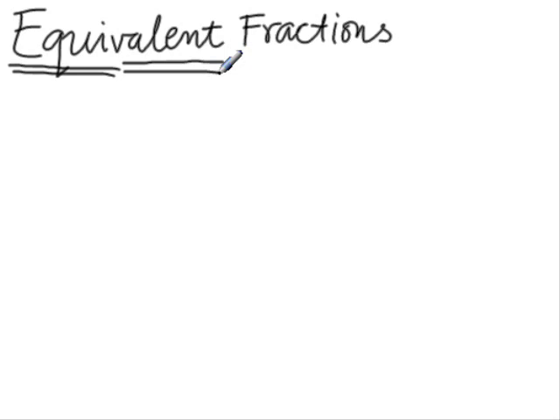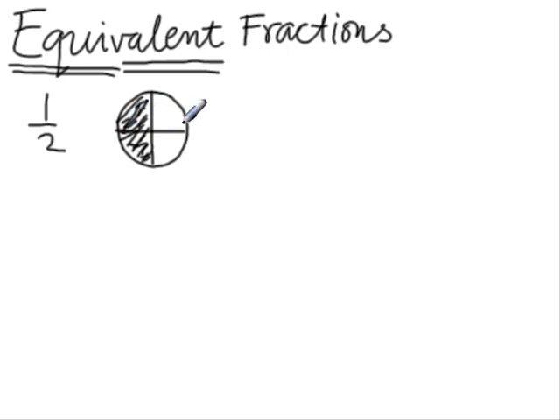For example, if we have 1/2 and we represent that with a pie, I divided the pie already into 4 slices, but maybe I should have just divided it into 2.